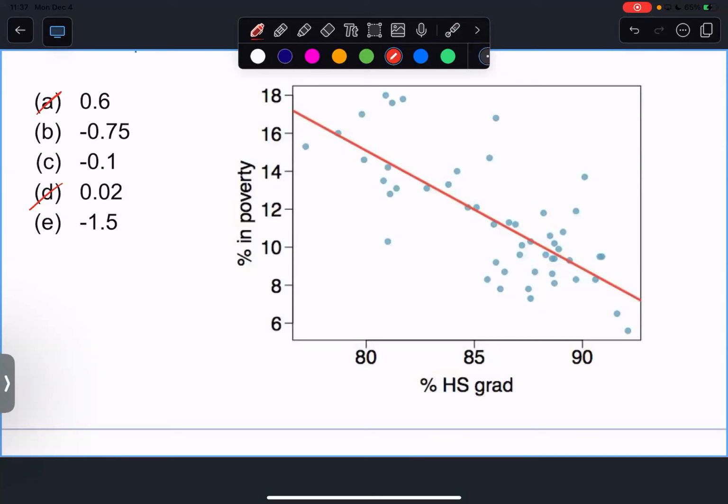E is staring me in the face because we just established that correlation has to be between -1 and 1, so it can't be -1.5. So now my only two options are -0.1, which would be essentially no relationship at all, but because I can squint and see some activity here, I'm going to go with -0.75.